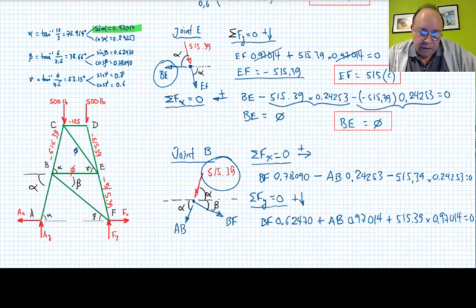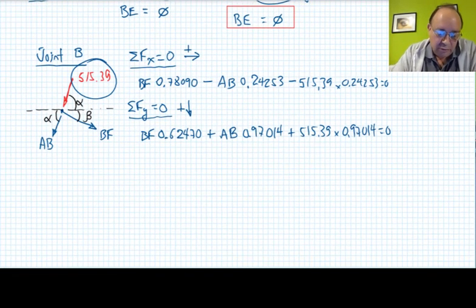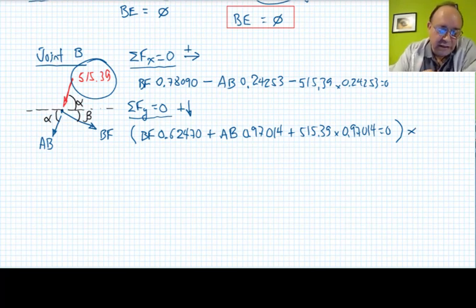So here's same thing. You can do whatever method you want to solve this kind of equation. One that I like is to multiply one of the equations by the suitable number in order to add it to the other equation and eliminate one of the unknowns. So let's move it here for a second so we can see it clearly. So let's multiply this equation by, see, I see this minus and this plus, so if I eliminate AB, I get then BF.